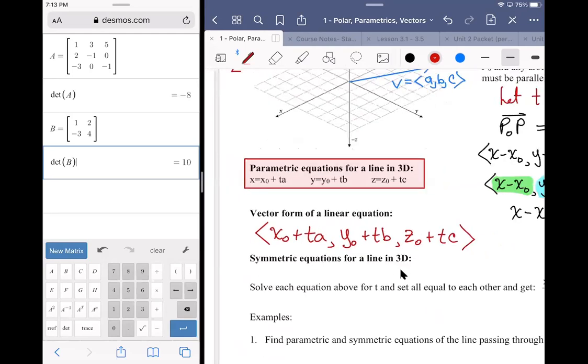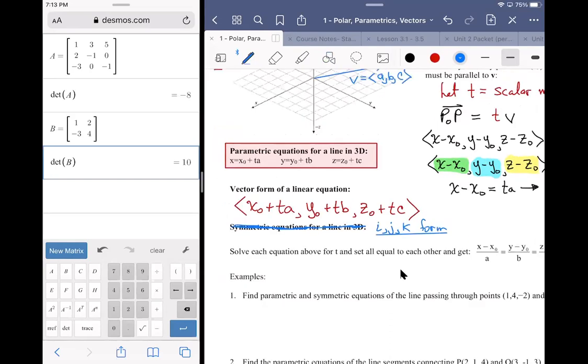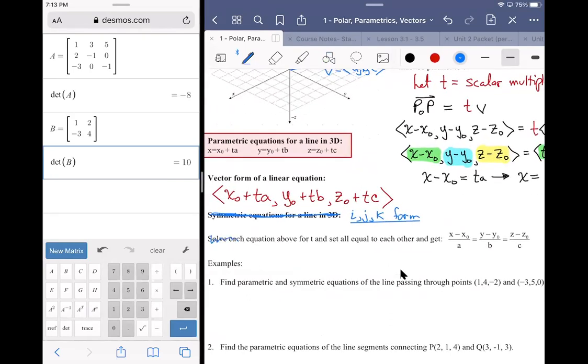For the symmetric equations, let's actually get rid of that and write it in IJK form. Because honestly, I'm never going to ask you to put it in symmetric form, and I'll take this as a typo. So there's nothing wrong with this information.